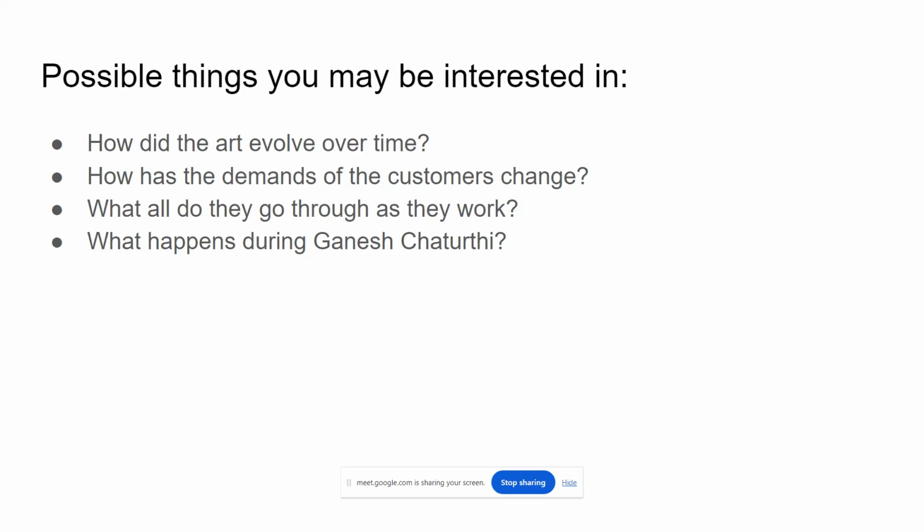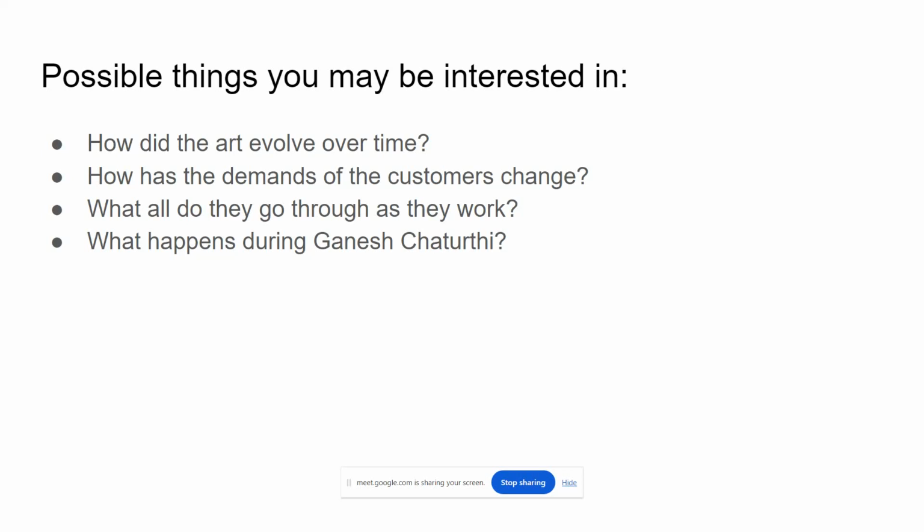Again, what all do they go through as they work? This aspect is a whole different aspect, which can open a huge avenue for you to delve into. They might be talking about how it is different in different seasons to work on making idols, because not always do you get all the mud or the clay that you want. Then again, if the raw material isn't available, then what do you do?